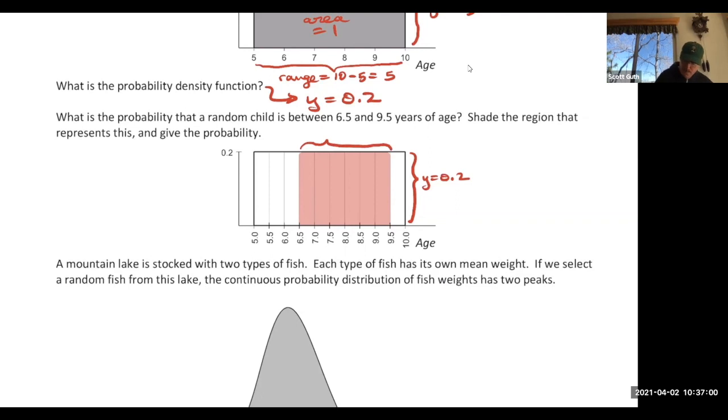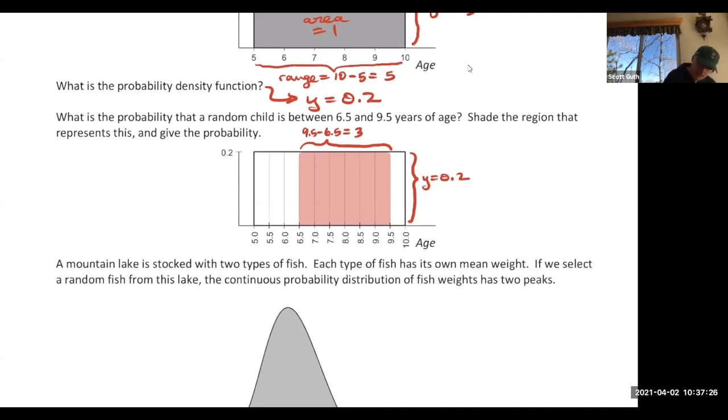So that would be the highest value minus the lowest value. So if you do 9.5 minus 6.5, what's that? 3? Yeah, so 9.5 minus 6.5 is 3.